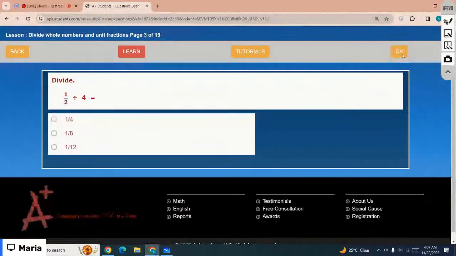Okay, the next one is 1 over 2 divided by 4, which is the correct option? Yes, that is 1 over 8. The correct option is 1 over 8.